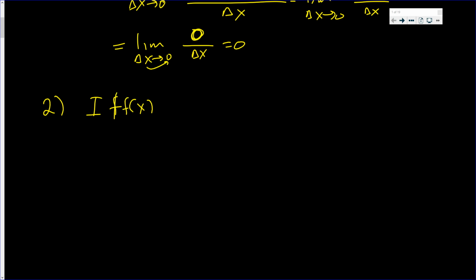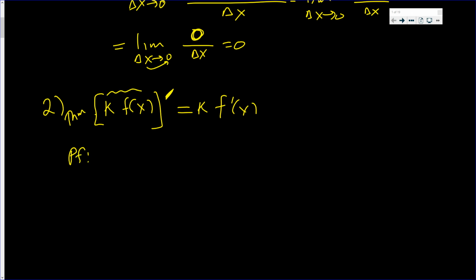Suppose you have k times f of x, and this means take the derivative of what's in the brackets. You can take the derivative of f of x, and whatever you get, multiply it by the k. And this is the theorem. Let us prove it.